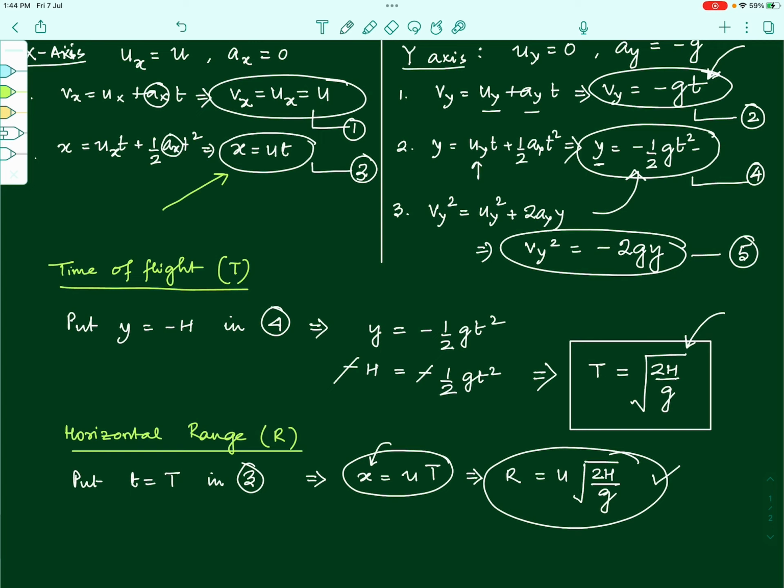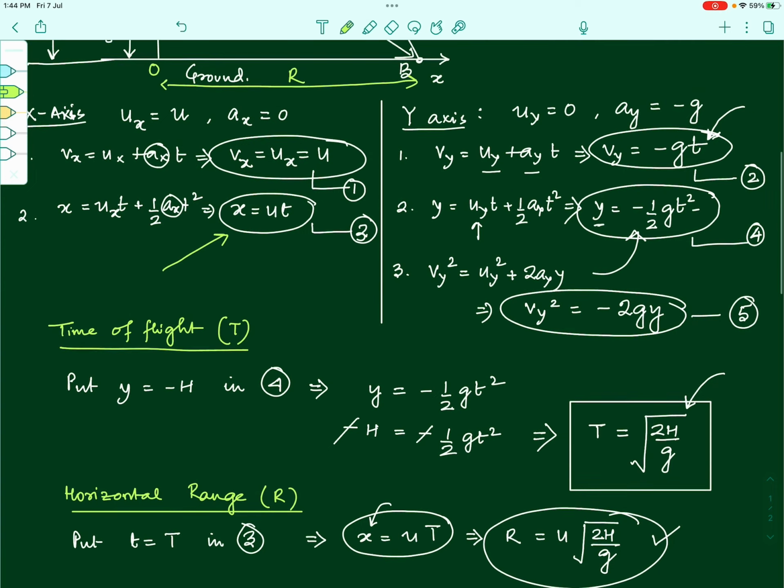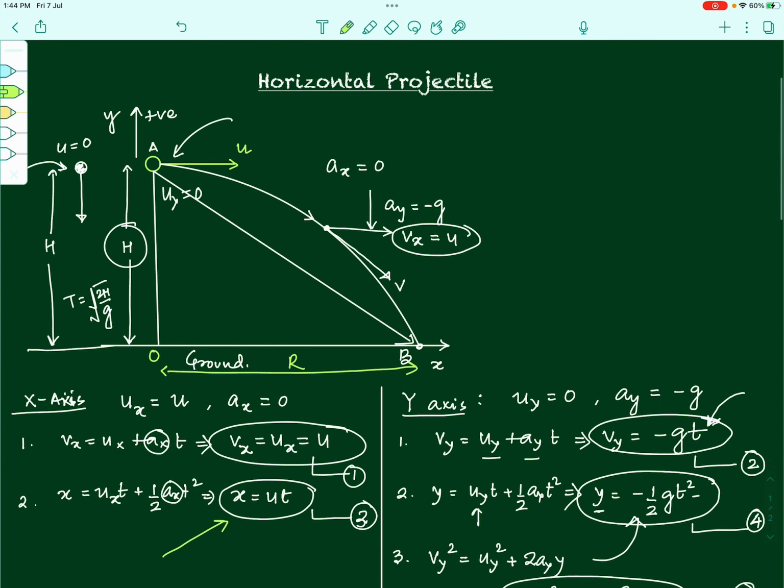Okay. One more thing that we can try and find out here would be the velocity of this projectile at any point in time, right? As the projectile moves in air, it gains more and more velocity along the y direction. So if we consider this velocity at any intermediate point of the projectile's motion, it will have two components to it.